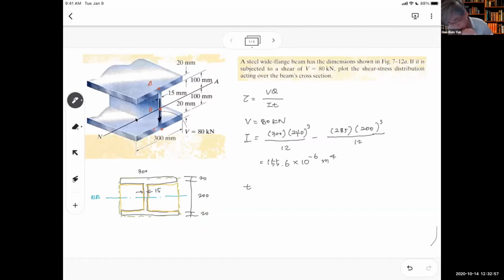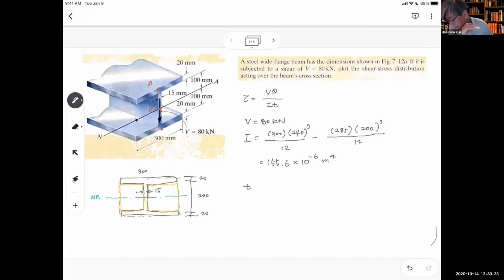So here's something that I want to tell you about t for the I-beam. For the rectangular, t is the width of the beam, which is a constant, right? But for the I-beam, how many t's do we have? 2, is that right?